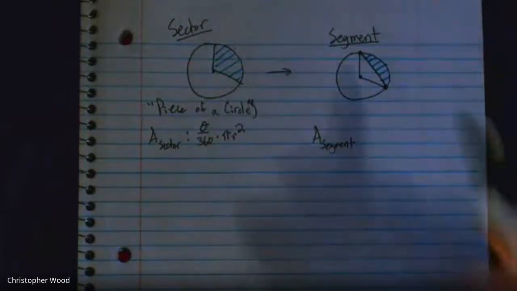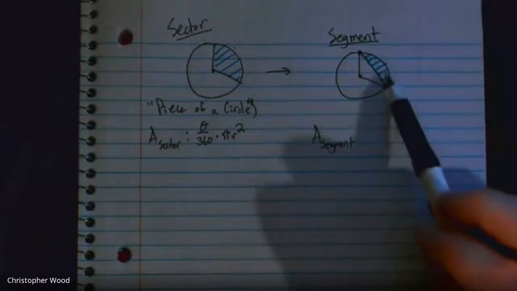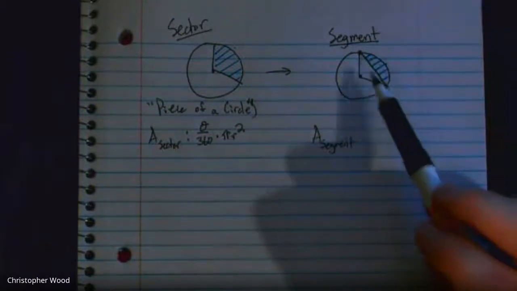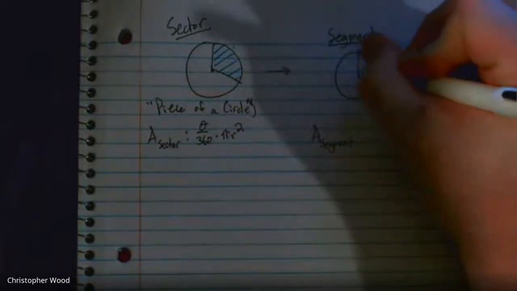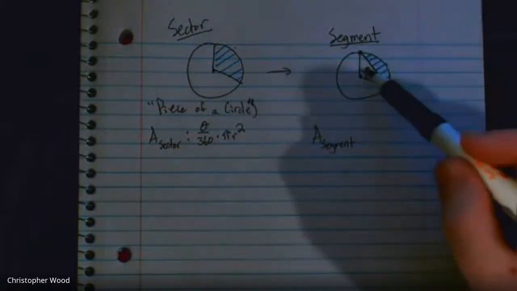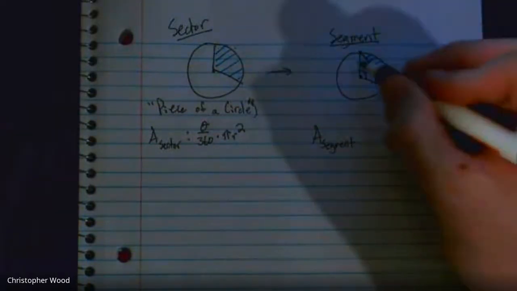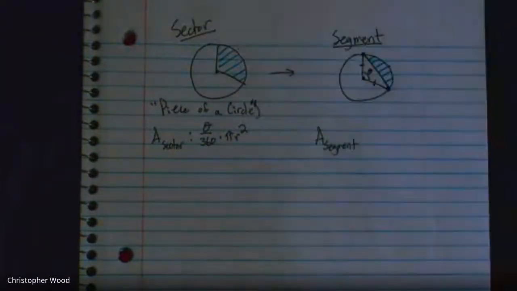So basically what we did is we created this little arc here, this little space, the segment, and we created a triangle. This will always create a triangle with whatever degrees this is right here, theta. I don't know how big that is, but we create a triangle with one of these angles, and we actually created an isosceles triangle because these are both a radius. So we have two radii.